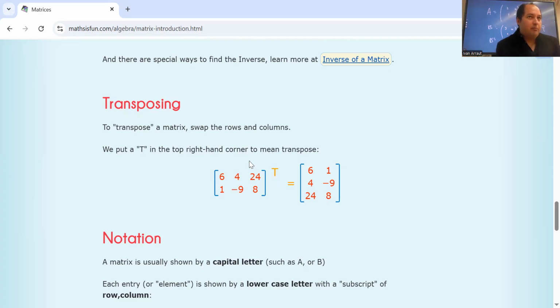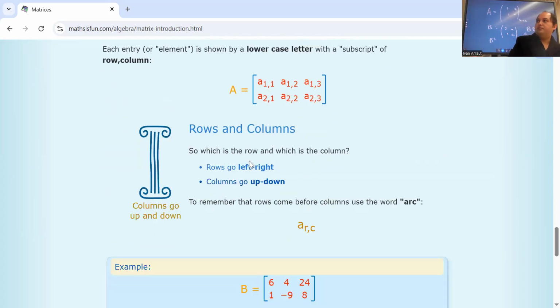Sometimes some matrices are special and they are their own transpose. This is the usual notation people use for identifying the numbers. The first element is the 1,1 element. The second element here is the 1,2, 1,3, 1,4, and so on, if you have more.